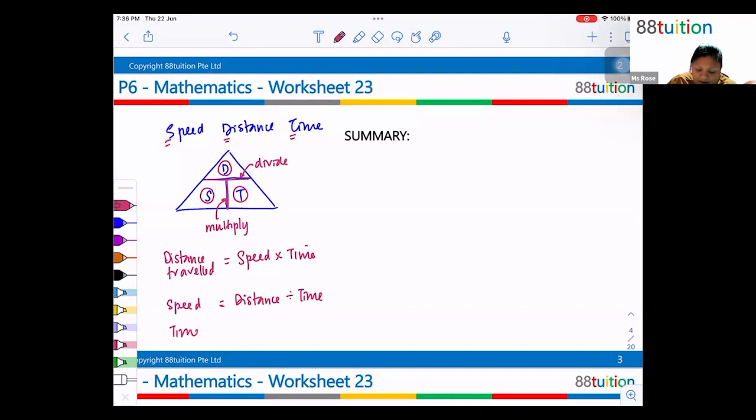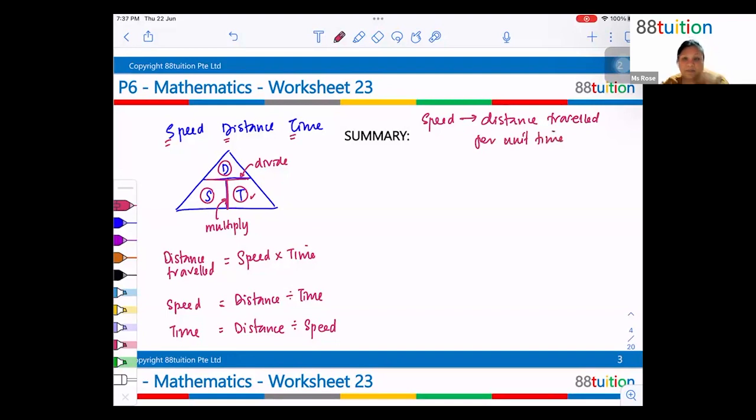And to find time, time is here, so time is equal to distance divided by speed. Speed refers to the distance traveled per unit time. So the definition of speed is distance traveled per unit time.